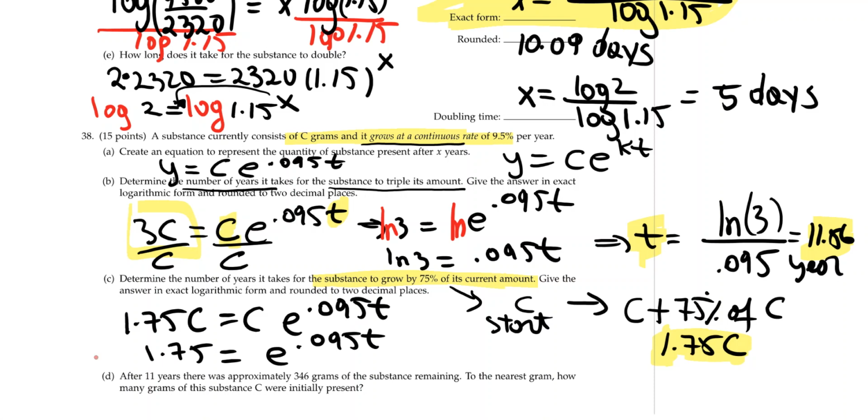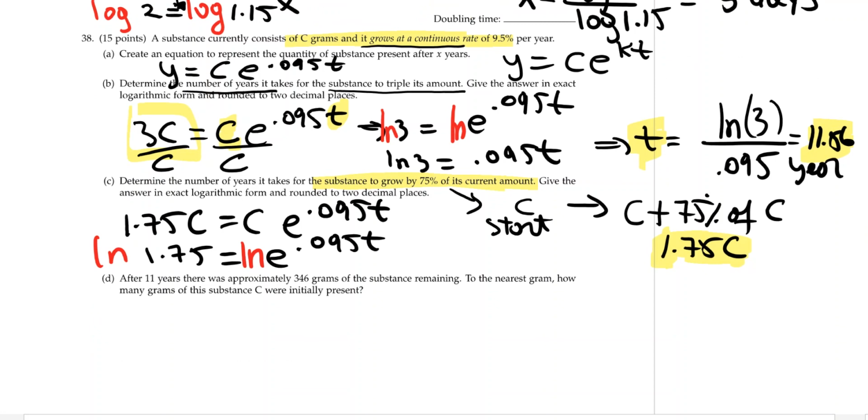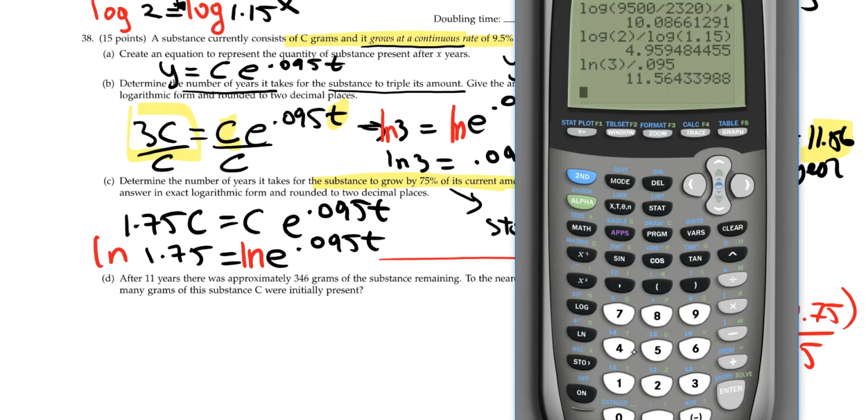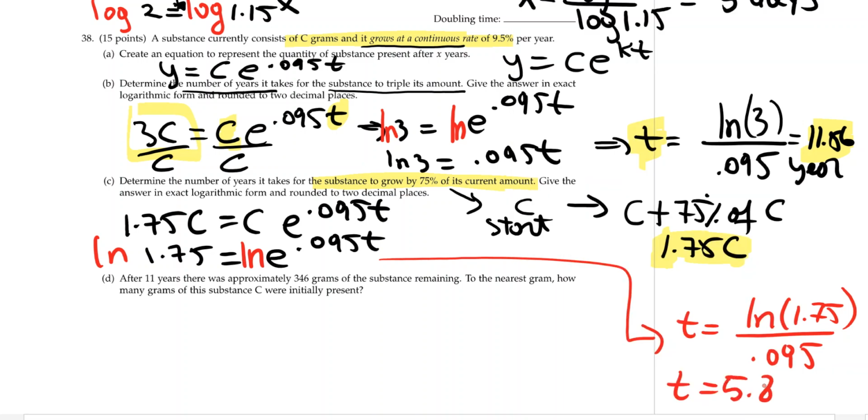And then taking ln of both sides, I get that t equals ln of 1.75 divided by 0.095, and this gives me t equals 5.89 years.